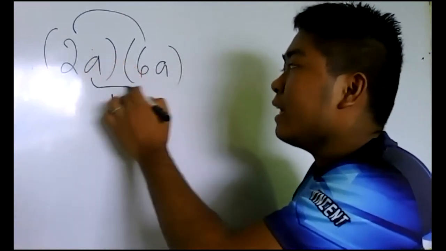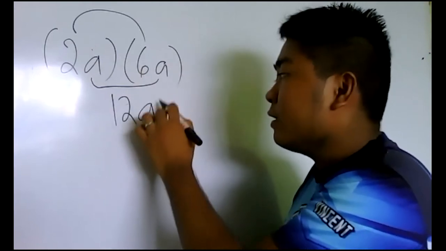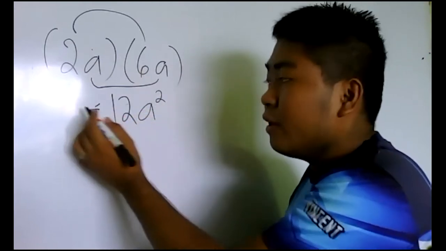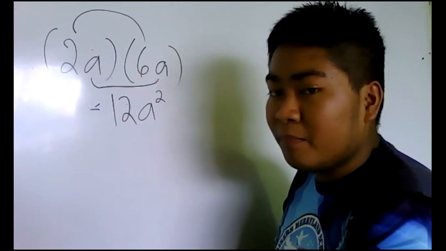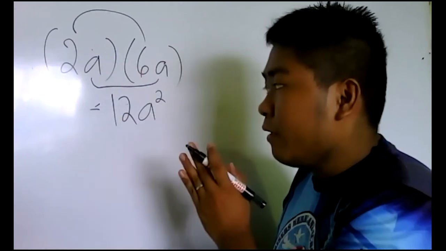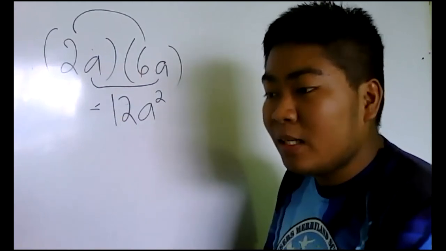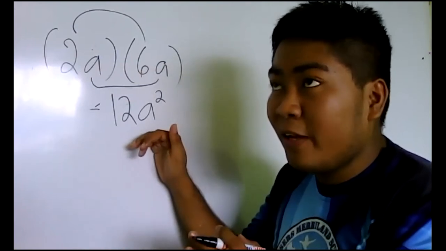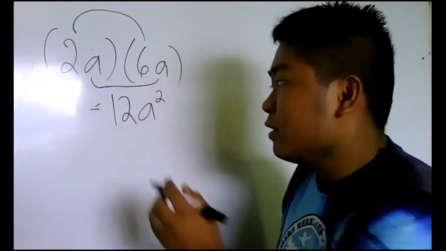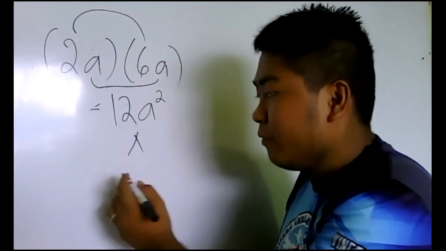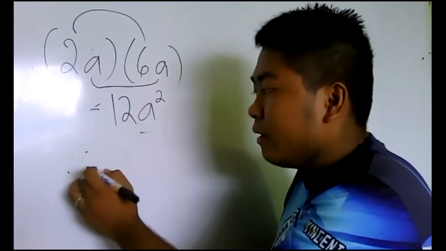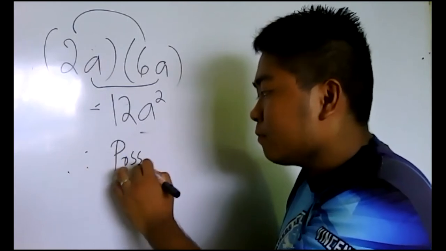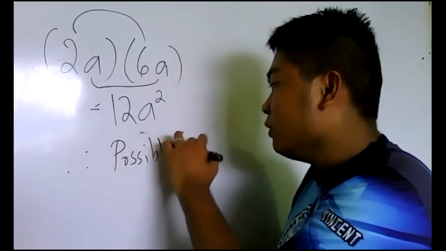A times a, we have a squared. Therefore, they are almost the same. So there are many possible factors of an algebraic expression. So here are the possible factors.